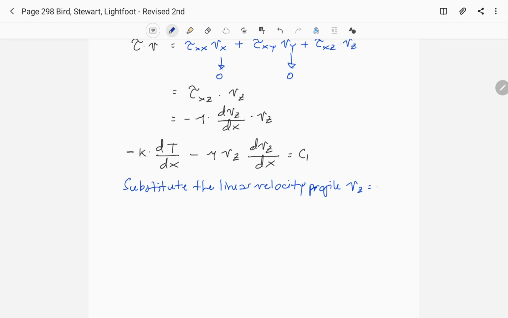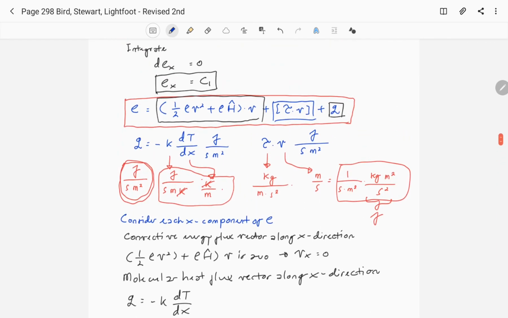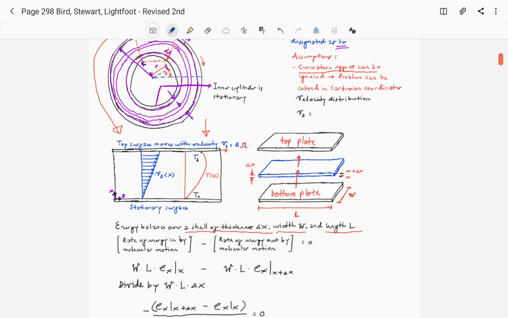Vz is equal to Vb x over b. This one again comes back from your assumed velocity in your proposed explanations in the beginning.